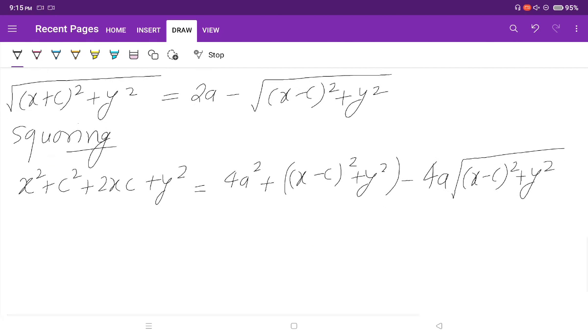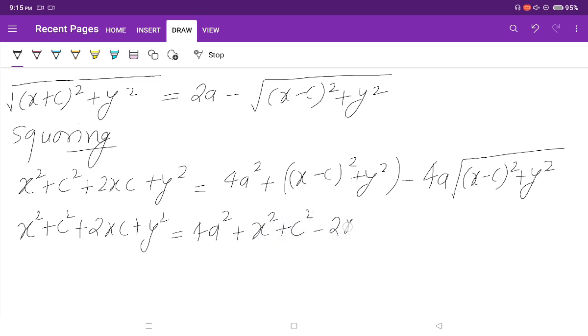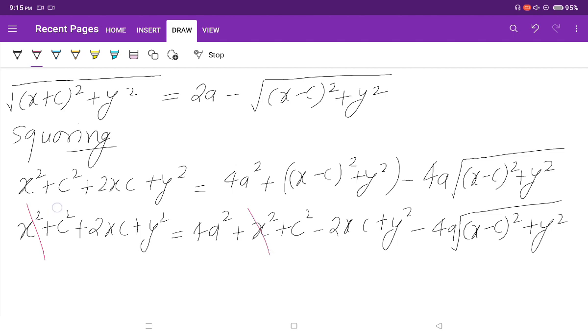Now again simplifying, we have x squared plus c squared plus 2xc plus y squared equals 4a squared plus x squared plus c squared minus 2xc plus y squared minus 4a times the square root of (x minus c) squared plus y squared, right? So x squared cancels out x squared, c squared cancels out c squared, y squared cancels out y squared.